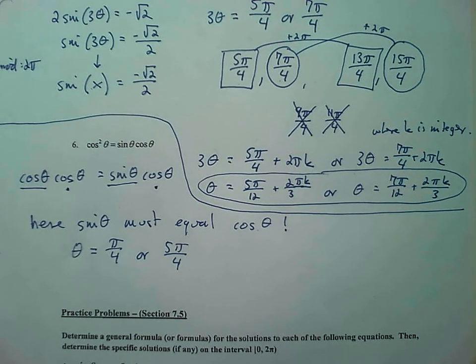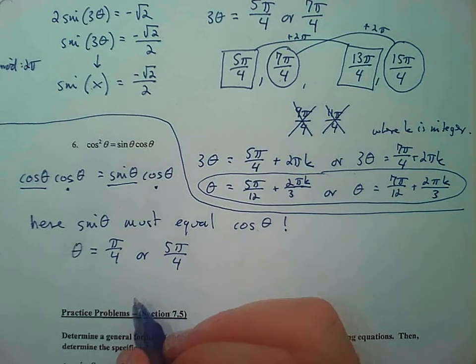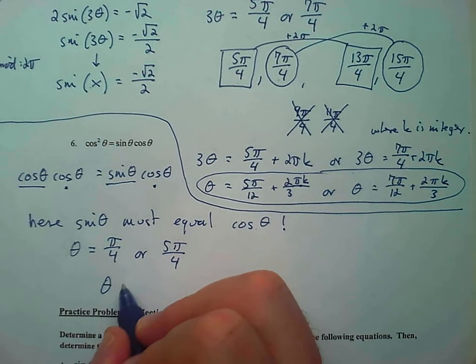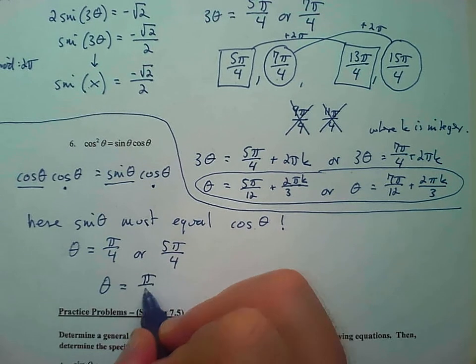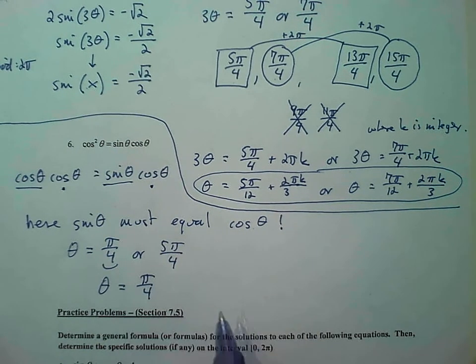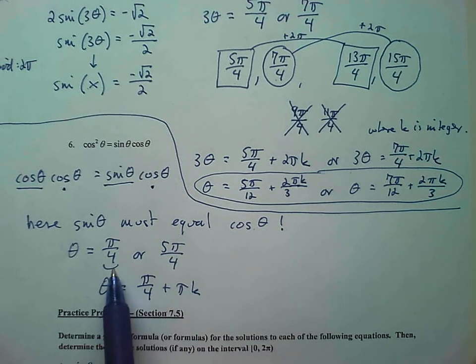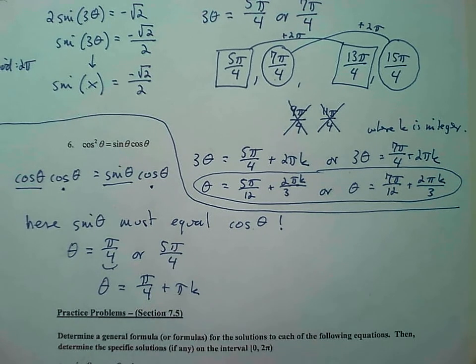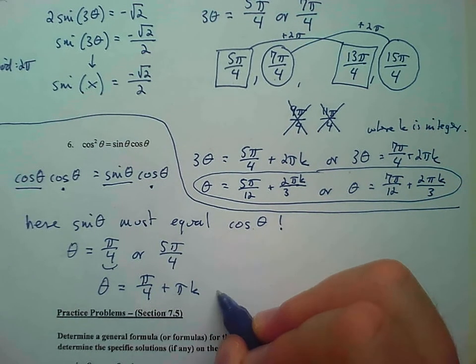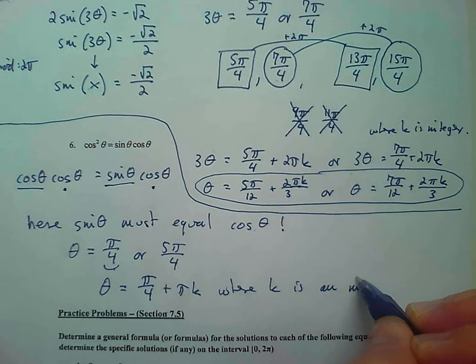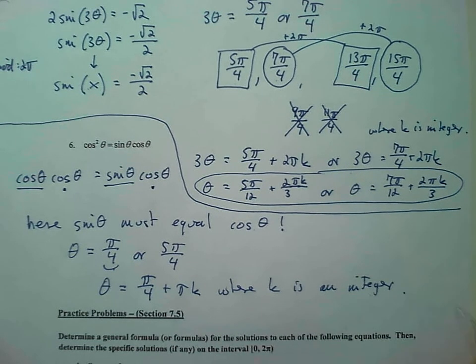So here what we can see is that we can keep adding pi to this. So we can say that theta is going to be equal to pi over 4, which is our first solution, plus pi times k, right? If you add pi to this, you're going to end up at 5 pi over 4. Again, where k is an integer.